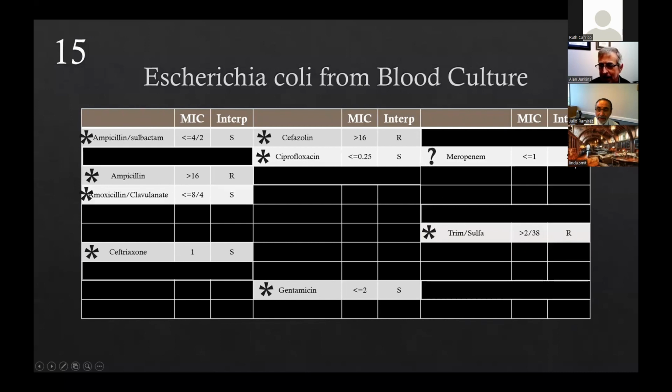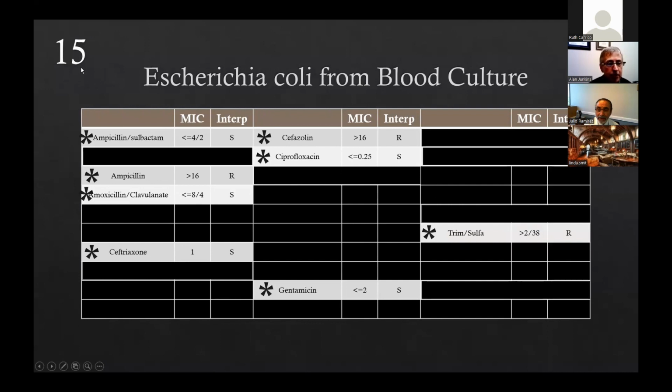Which leaves us lastly with meropenem. And I'll be honest with you, for meropenem, we've got a whole slew of rules that depend on whether you get meropenem reported or not, or any carbapenem reported. And we are not going to report meropenem on a bug that's ceftriaxone susceptible. So that gets taken off the list.